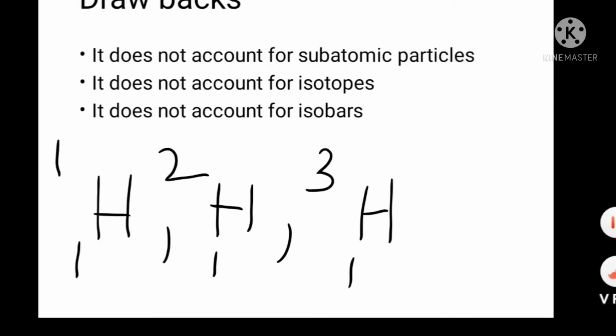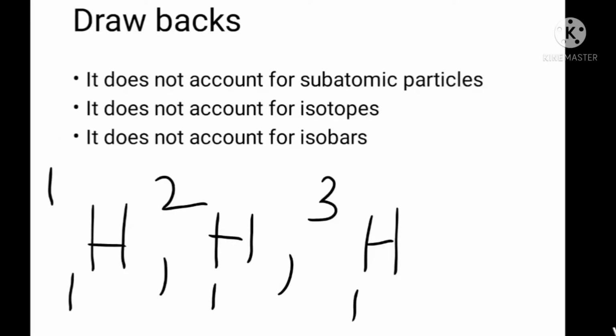The next drawback is that it does not account for isotopes. According to Dalton's atomic theory, atoms of the same element have the same mass. But it is now found that atoms of the same element can have different masses. That is isotopes. You have learned about isotopes. What are isotopes?